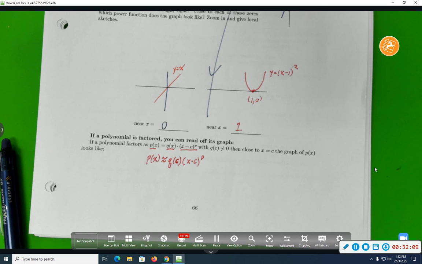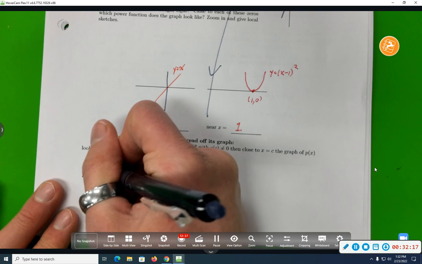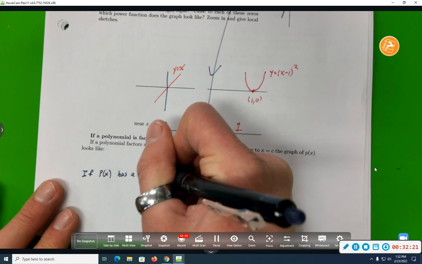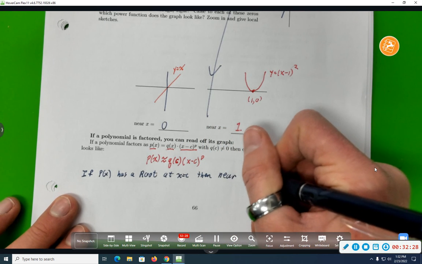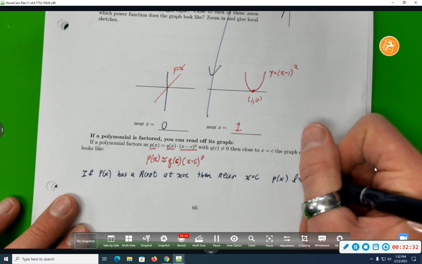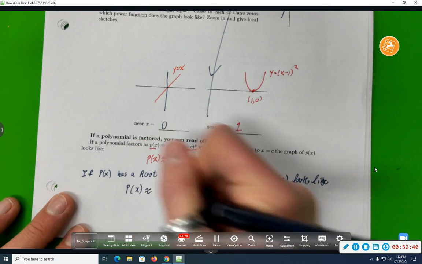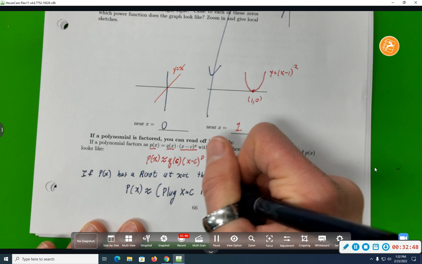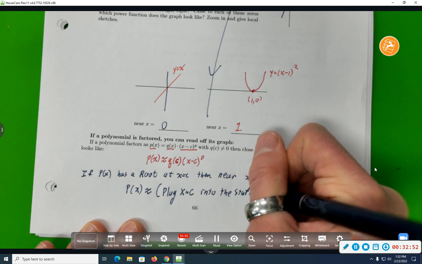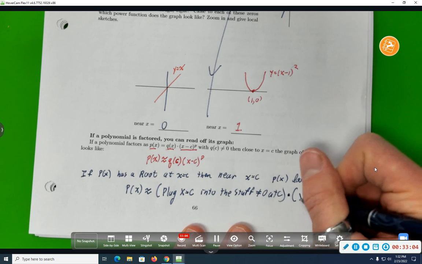So, the thing's written down, but let me write down in words what this is saying. If p of x has a root at x equals c, then near x equals c, p of x looks like: plug in x equals c to all of the stuff that's not equal to 0 at c, times x minus c to the power of p.